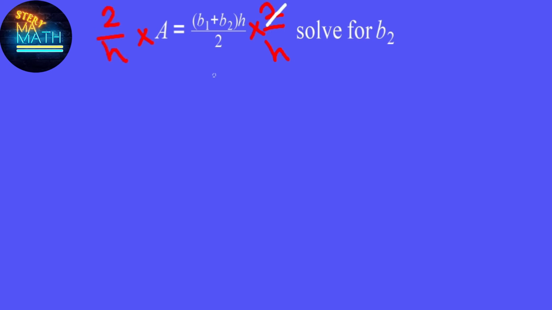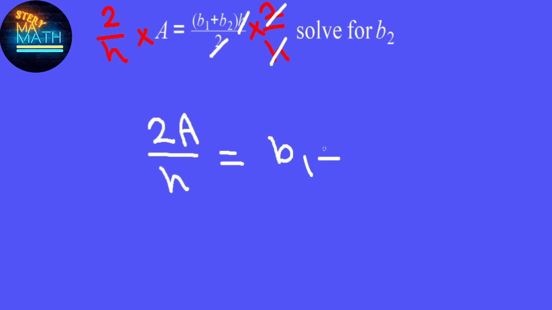Now the 2's will go away, and h also. So on the left hand side we have 2a over h is equal to b1 plus b2.